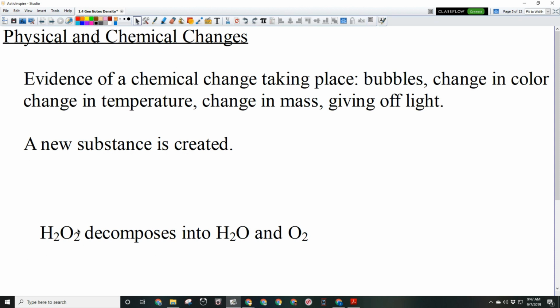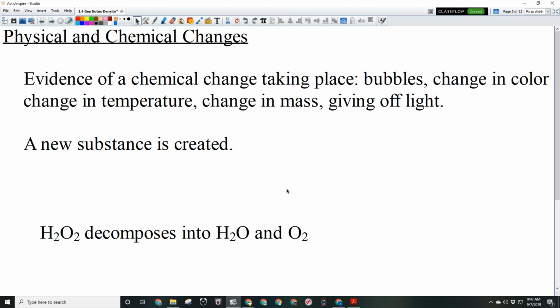So we talked about a moment ago, H2O2 is hydrogen peroxide. And if you just take hydrogen peroxide and pour it in a beaker and just let it set, it's going to decompose, or what does that word mean? Break down. It's going to break down into water and oxygen. And it does this because the photons, the light, hits it and it makes it break down.